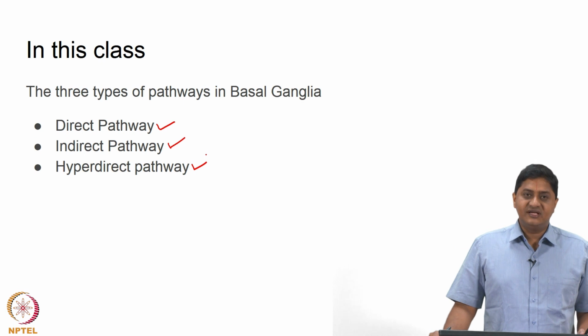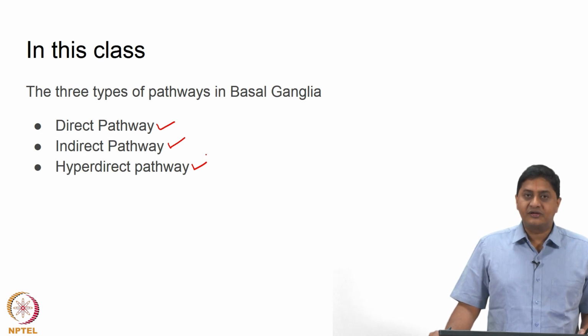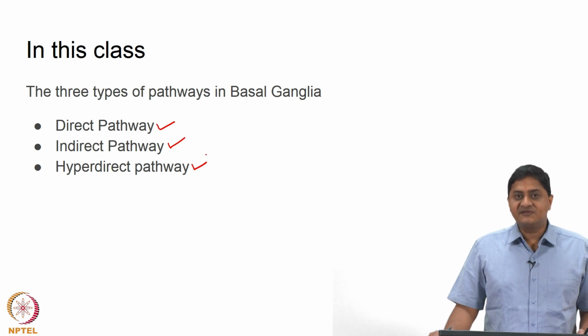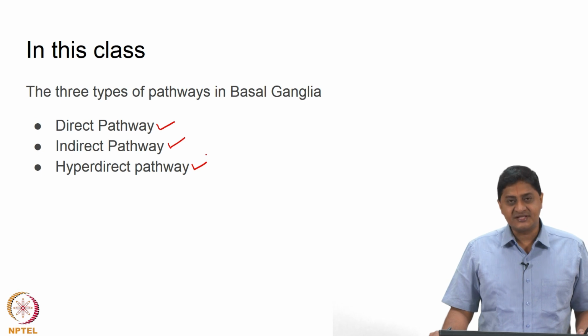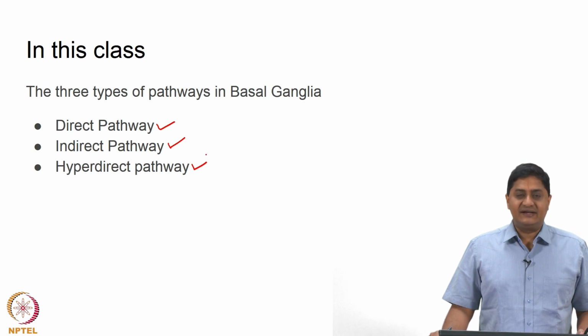Before we discuss the details of this, I think it is important to realize that these present some model of basal ganglia function. This is not a complete description of basal ganglia function. A lot of function of basal ganglia can be explained with the help of these pathways, or the direct indirect pathway model.